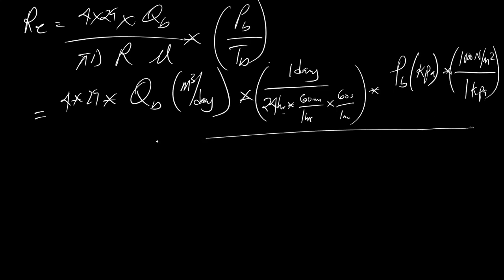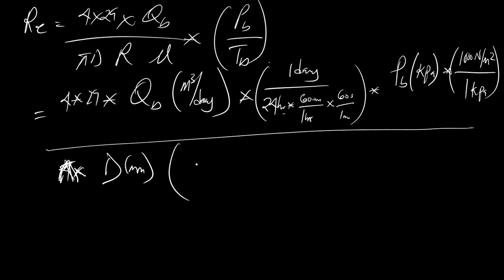So divide by pi, divide by the internal diameter, which is in millimeter. We now need to change this millimeter to meter. So 1 meter is equal to 1000 millimeter, times, this is pi.